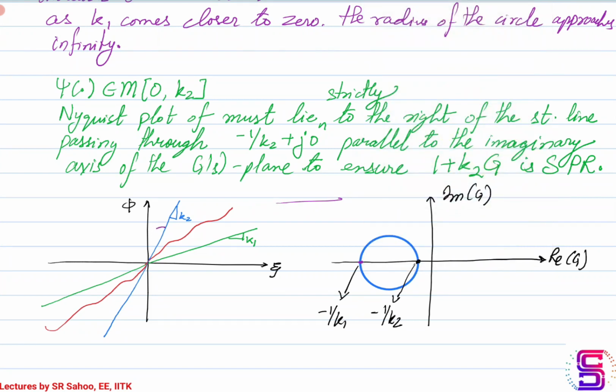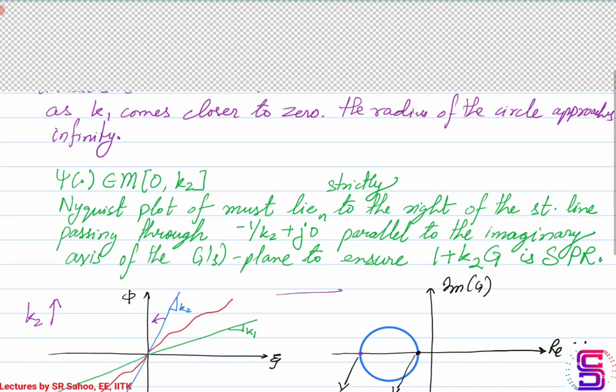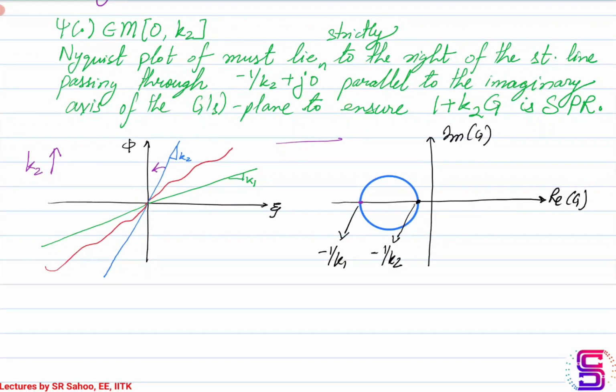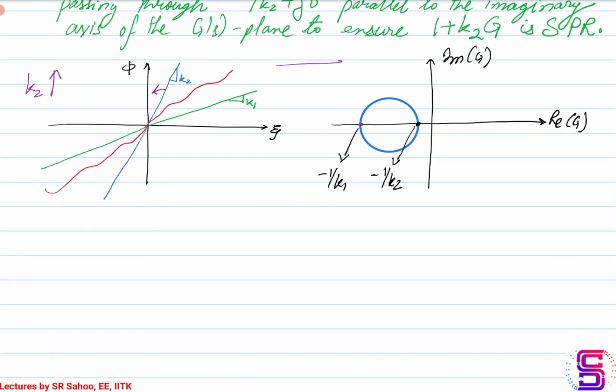So if k2 increases, then the slope of the blue line increases. If the slope of the blue line increases, the magnitude of 1 by k2 decreases. Okay, so increase in k2 means a decrease in the magnitude of 1 by k2, which means the minus 1 by k2 point moves towards the left. Okay, so we are considering k1 to be fixed.